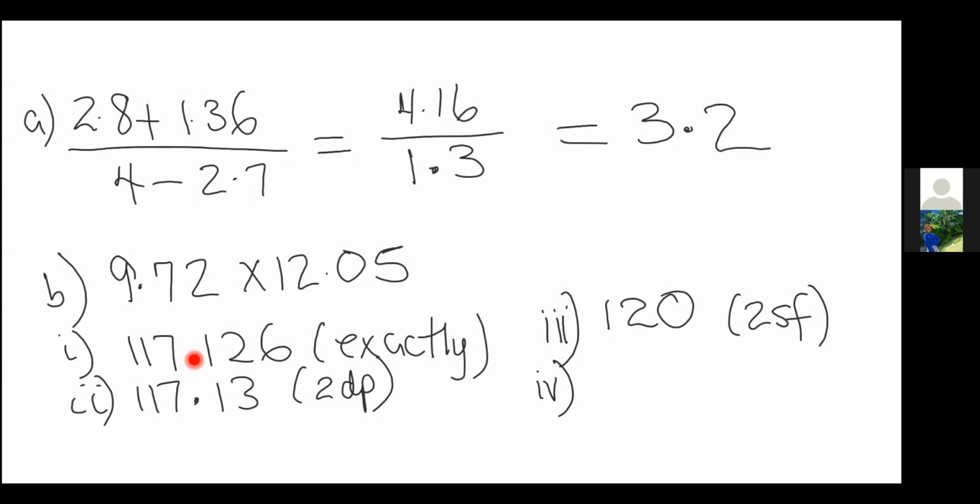Right? According to this, I'm going to move my point 2 places to the left. So I would now write 1.17126 multiplied by 10 to the power of, when we move to the left, it's going to be positive. So positive 2.